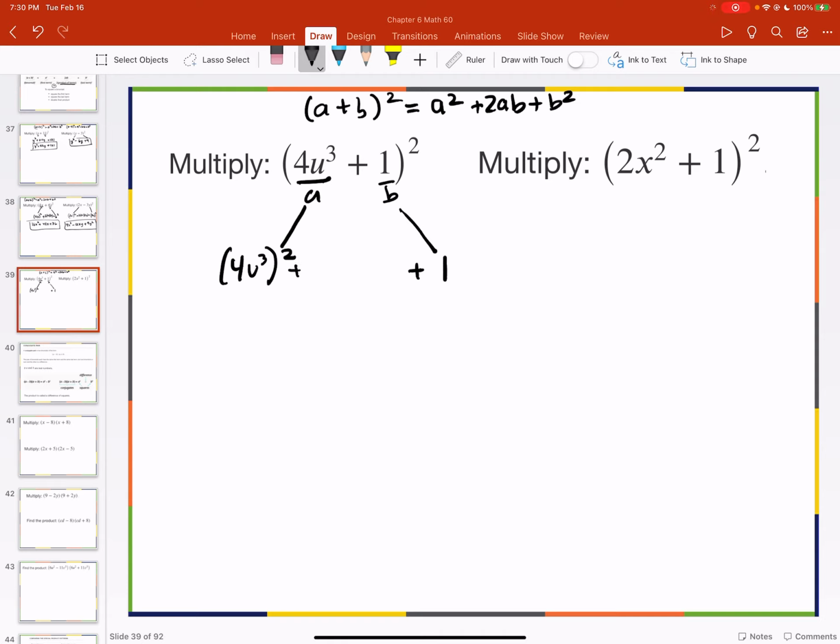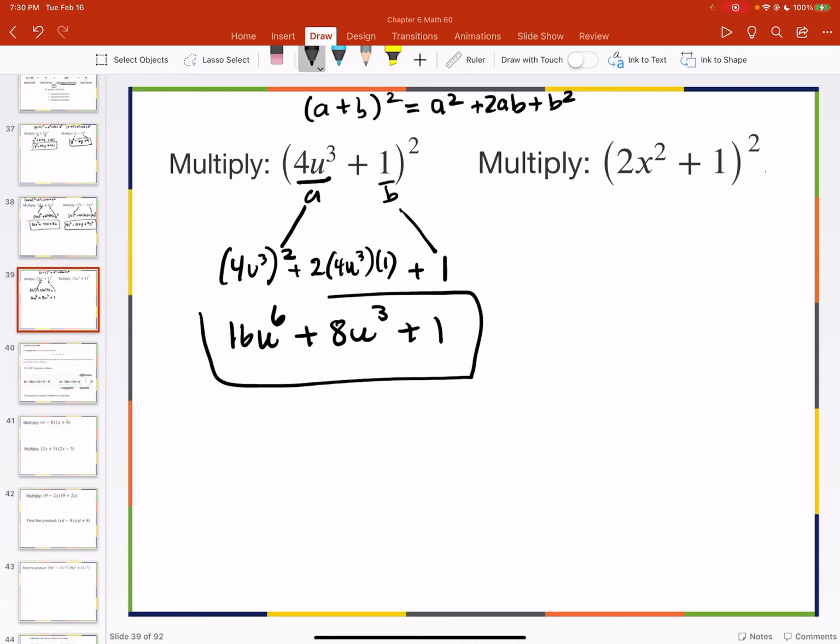And then the middle term is going to be 2 times 4u cubed times 1, which is just the same thing. So this is going to be 16u to the power 6. Remember, power to a power is multiplying, plus 8u cubed plus 1. So that's it for this one. Now let's see the next one here.